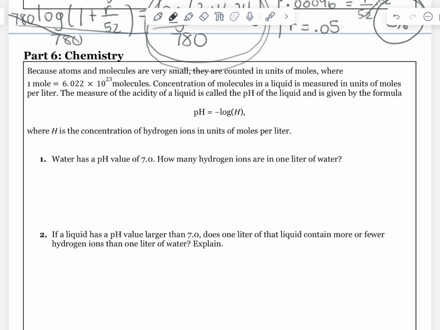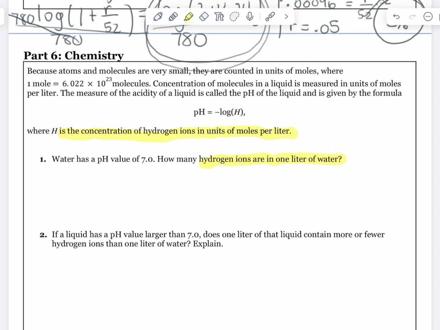The measure of acidity of a liquid is called the pH of the liquid, and it's given by the formula pH is equal to negative log of H, where H is the concentration of hydrogen ions in units of moles per liter. And then number 1 is asking you, well, if water has a pH of 7, how many hydrogen ions are in 1 liter of water?